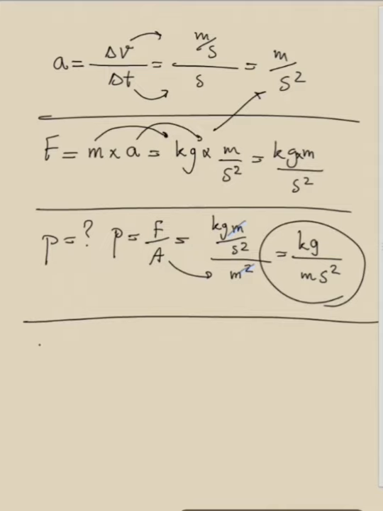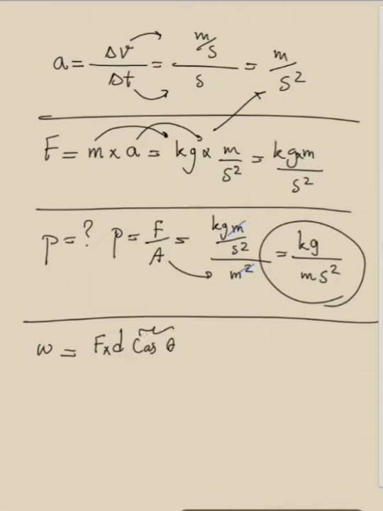So what about the units of work? Work is a form of energy. So if you're able to find the units of work, it means that you have found a unit of energy too. Work is defined as force times displacement times cosine theta, where theta is the angle between force and displacement.